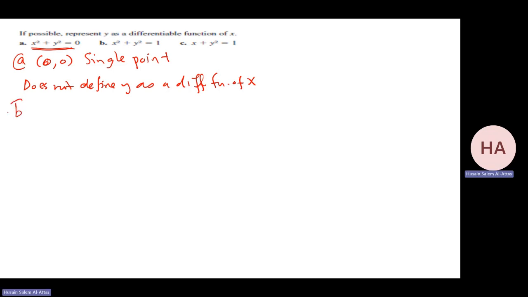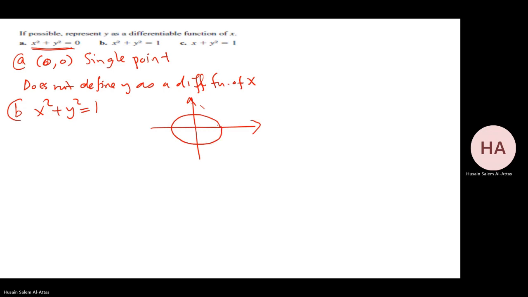Now, case B, x squared plus y squared equal 1. What I will do, I can solve for y. What is this? This is a circle with radius 1.